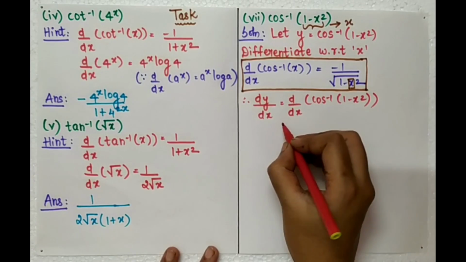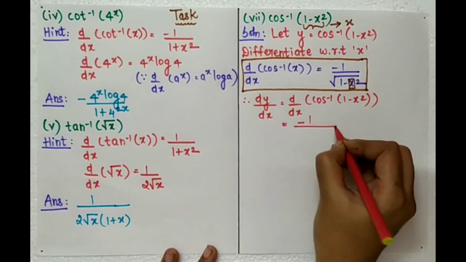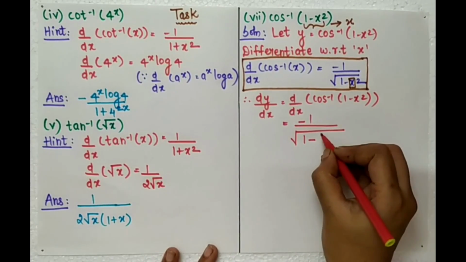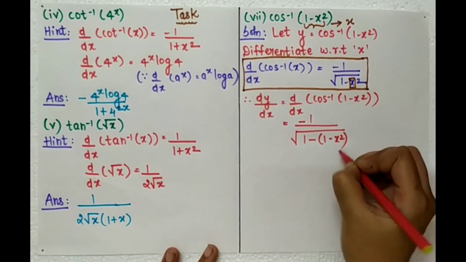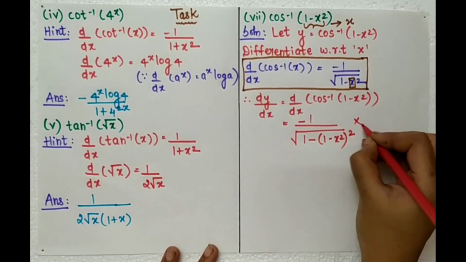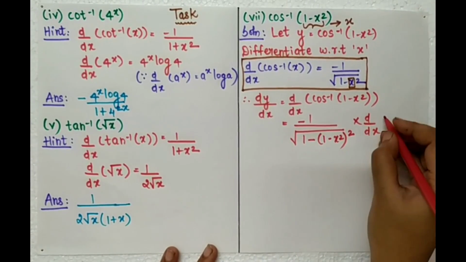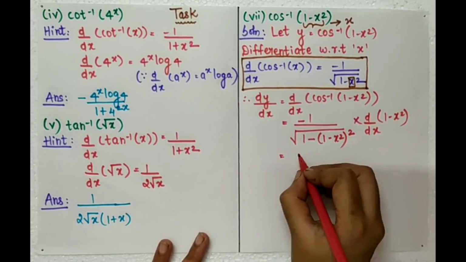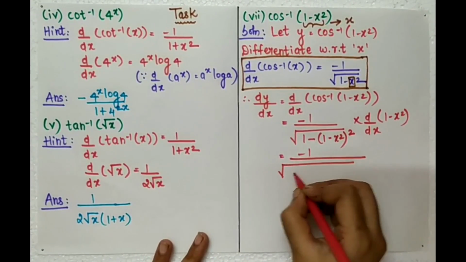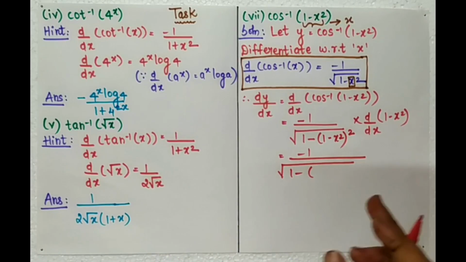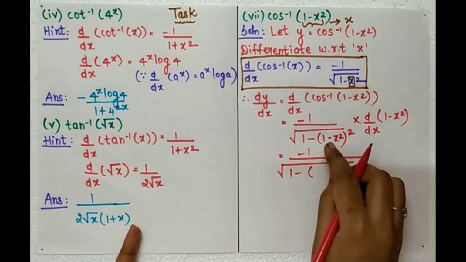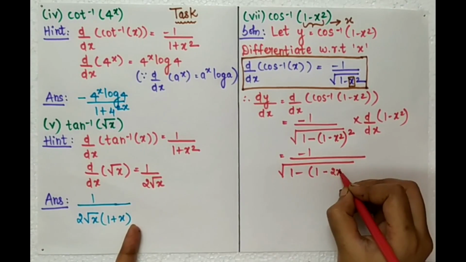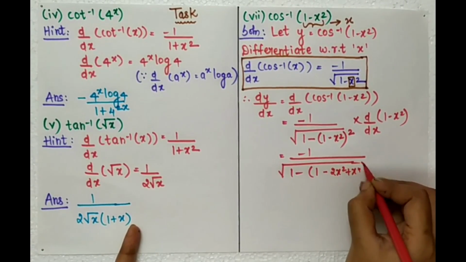So this becomes minus 1 upon root of 1 minus, in place of x put 1 minus x square, then you can take the square, into d by dx of 1 minus x square. So this is equal to minus 1 upon root of, first we will expand the 1 minus x square in the bracket, 1 square minus 2ab, that is 2x square plus x raised to 4.